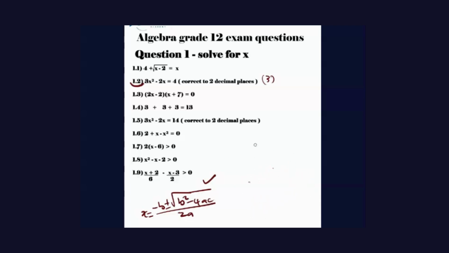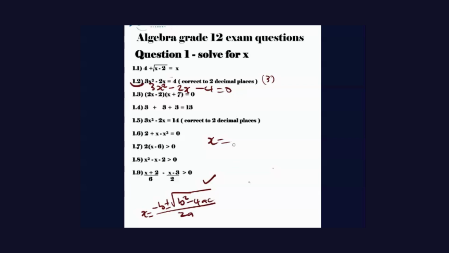So let's write down everything. So x equals minus b. First of all, we take this 4 to the other side, and it's going to be negative here.